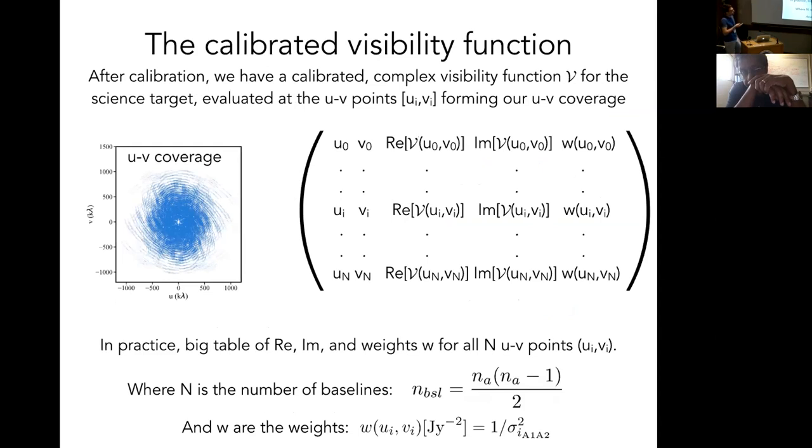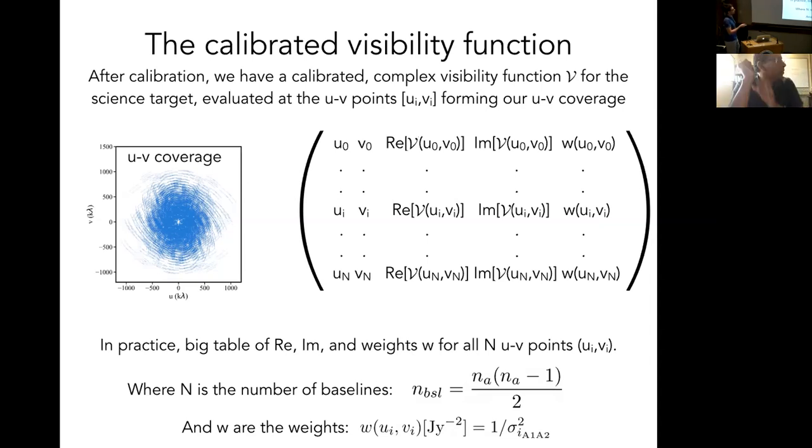They're the real part that we measured of the visibility function, and the imaginary part that we measured of the visibility function, and the weights that Carto mentioned, which are related to the uncertainty on that measurement at that UV point, as weights are 1 over sigma squared, where sigma is the uncertainty. Cool. So every point will have its own real part, its own imaginary part, and its own weight. So it's just a big table.